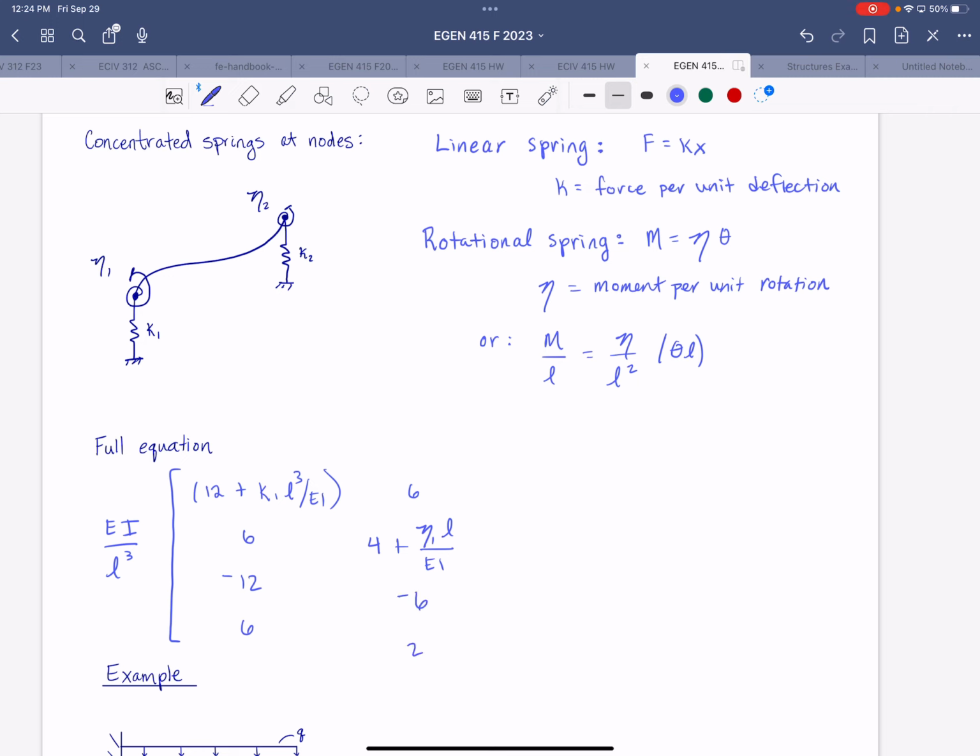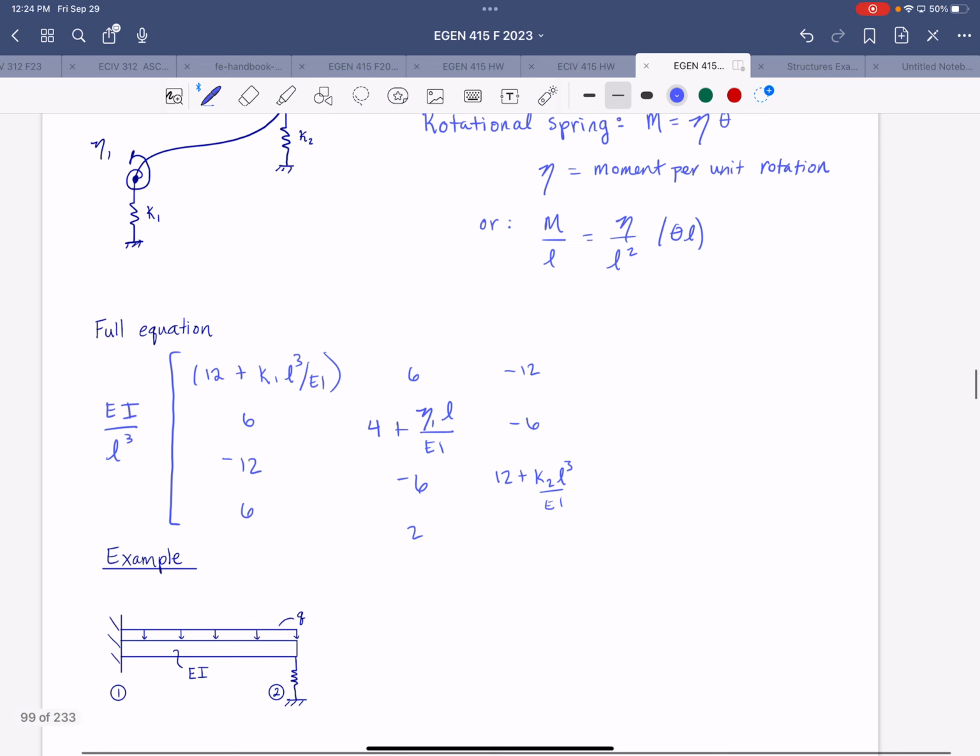In the third column, we have negative 12, negative 6, 12 plus K2 L cubed over EI, and negative 6. Fourth column, 6, 2, negative 6, and 4 plus eta 2 L over EI.